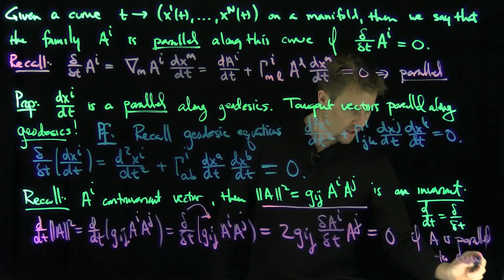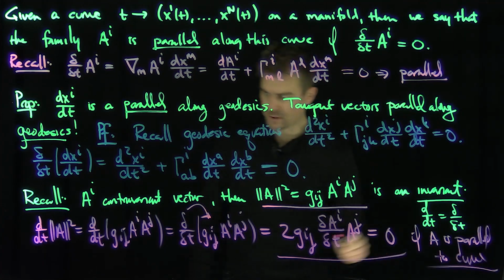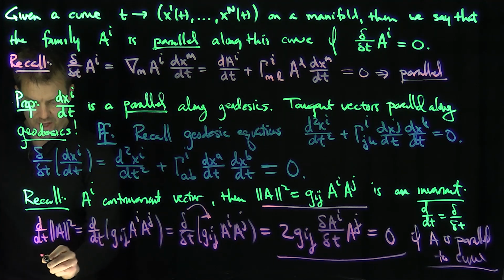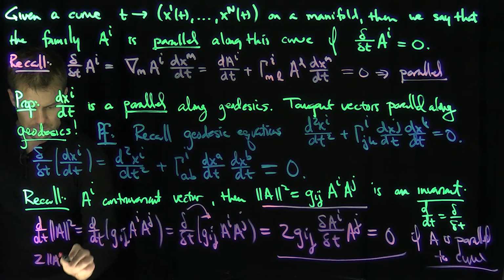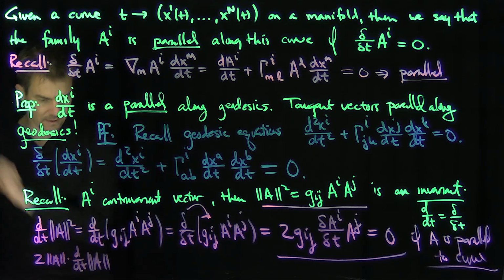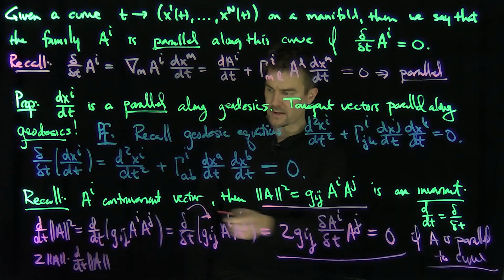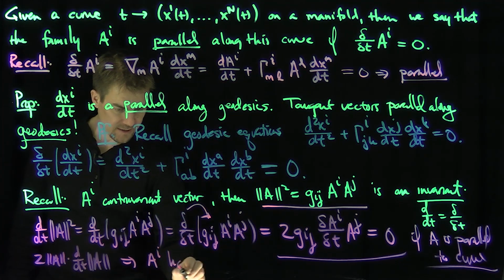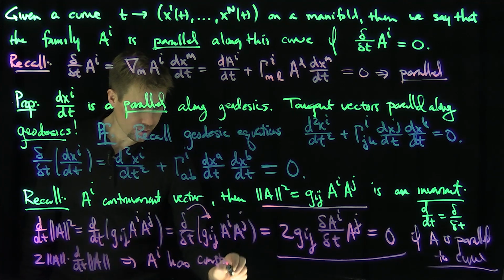If we assume that A is parallel to the curve, this is nothing more than 2 times the length of A times d/dt of the length of A. That tells me d/dt of the length of A is equal to 0, so A has constant length if it's parallel transported.